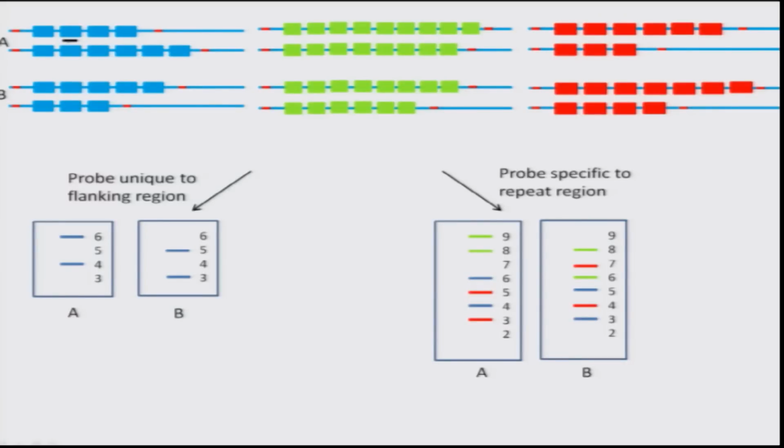it will show, for example, I will explain the green one. The green one has 9 repeats in one of the alleles and 8 in the other. So that is what we see over here, and in individual B, the green one shows 8 repeats in one of the alleles and 6 in the other.